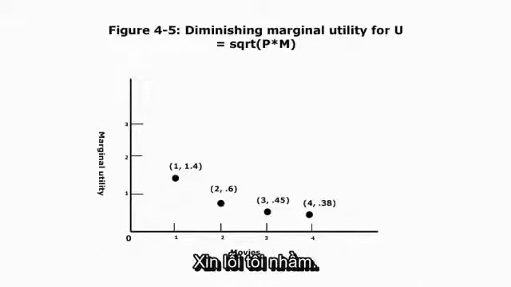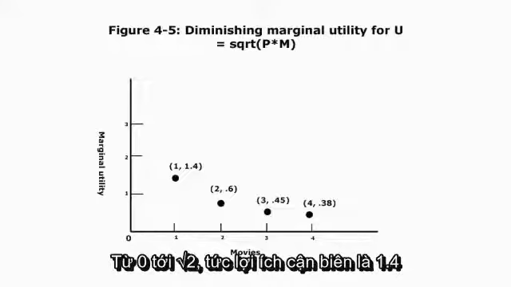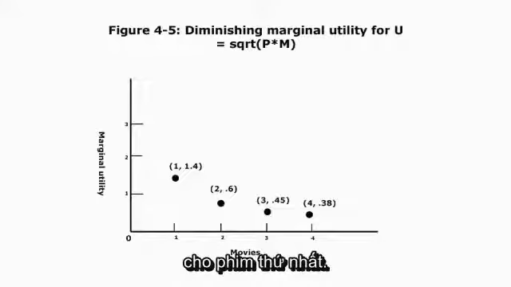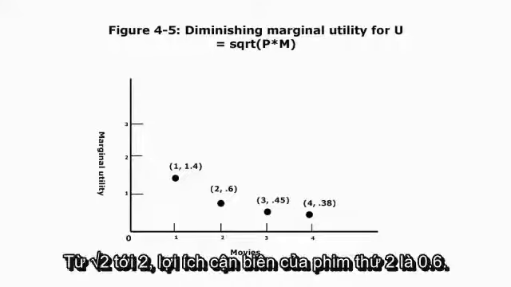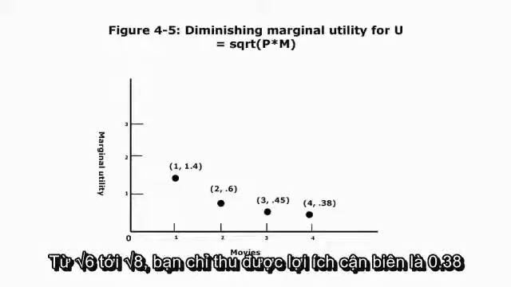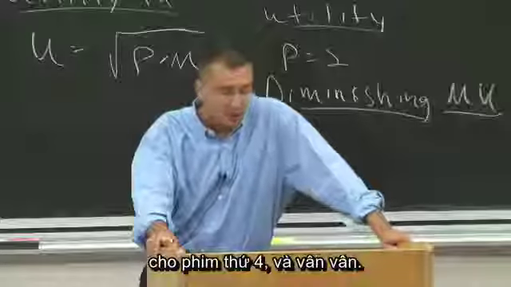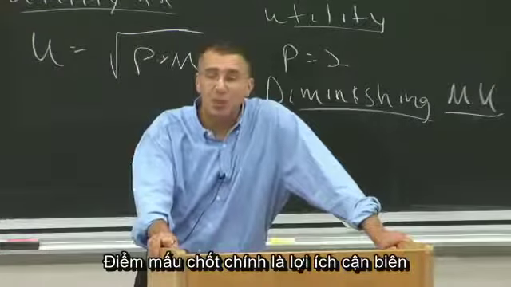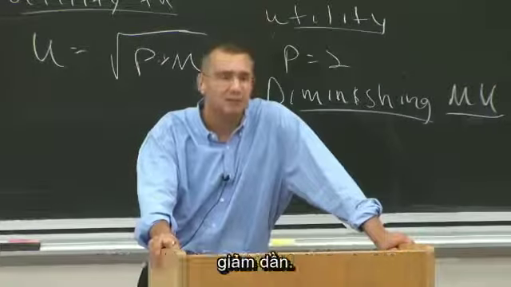My bad. From the square root of 2 to 2, you get 0.6 for the next movie. From 2 to the square root of 6, you get 0.45 for the third movie. From the square root of 6 to the square root of 8, you only get 0.38 from the fourth movie, and so on. So the key point is that these marginal utilities are ever decreasing.